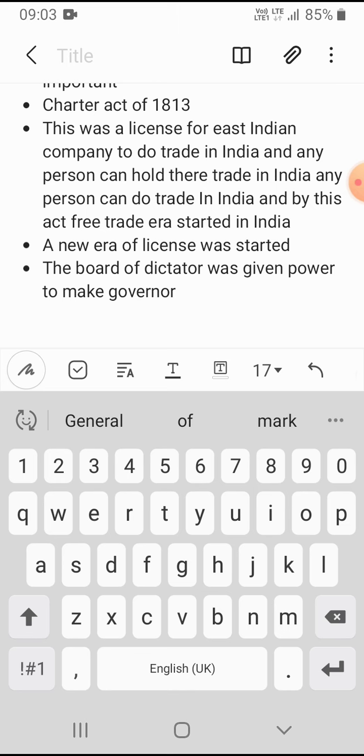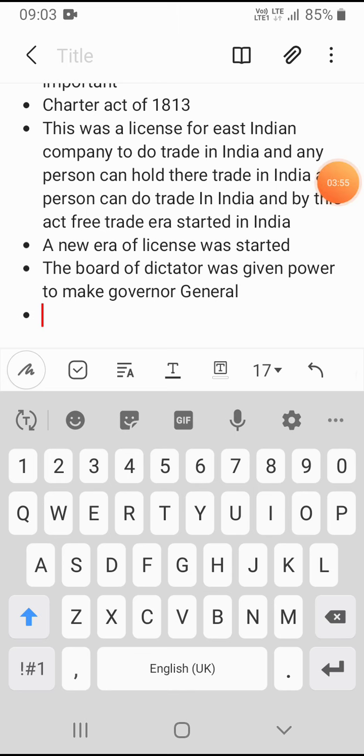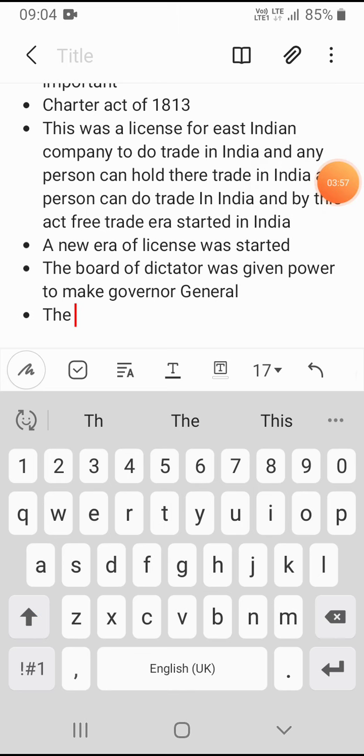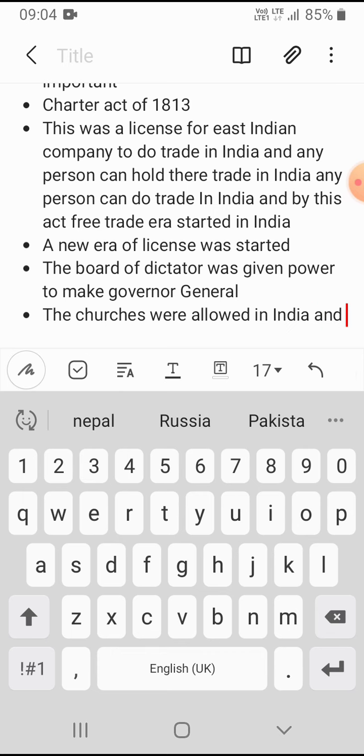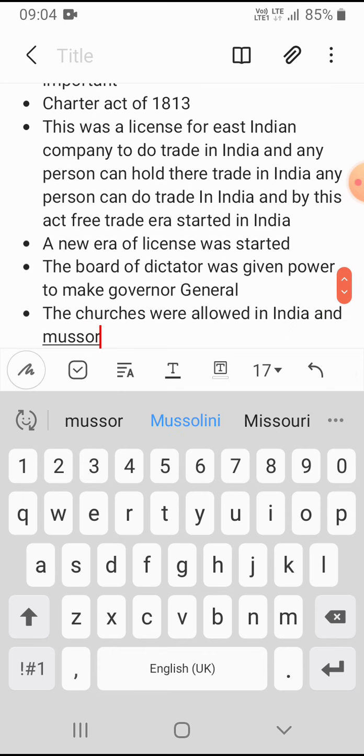The board decides who should become the Governor General, and churches were allowed in India.